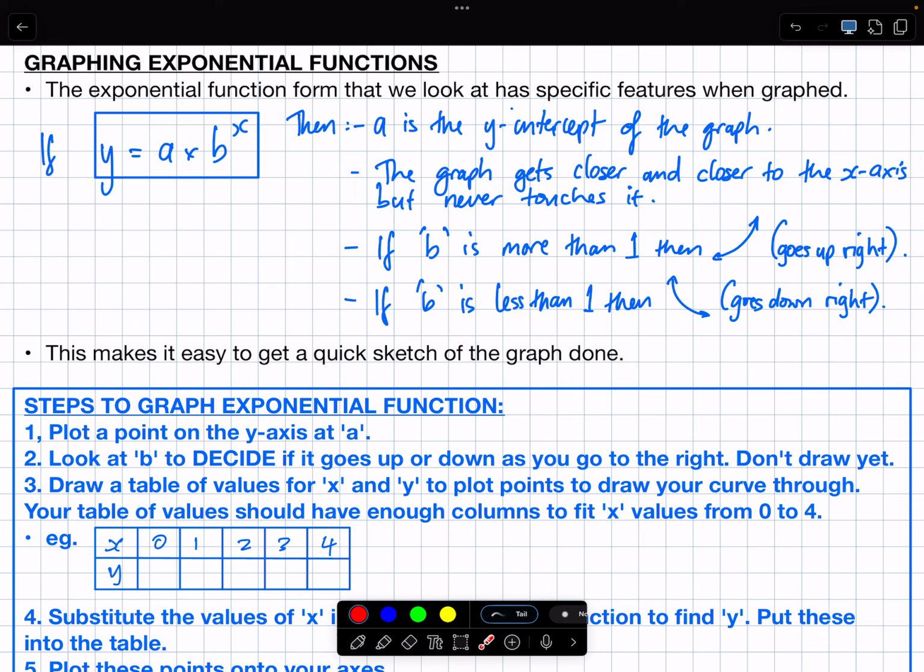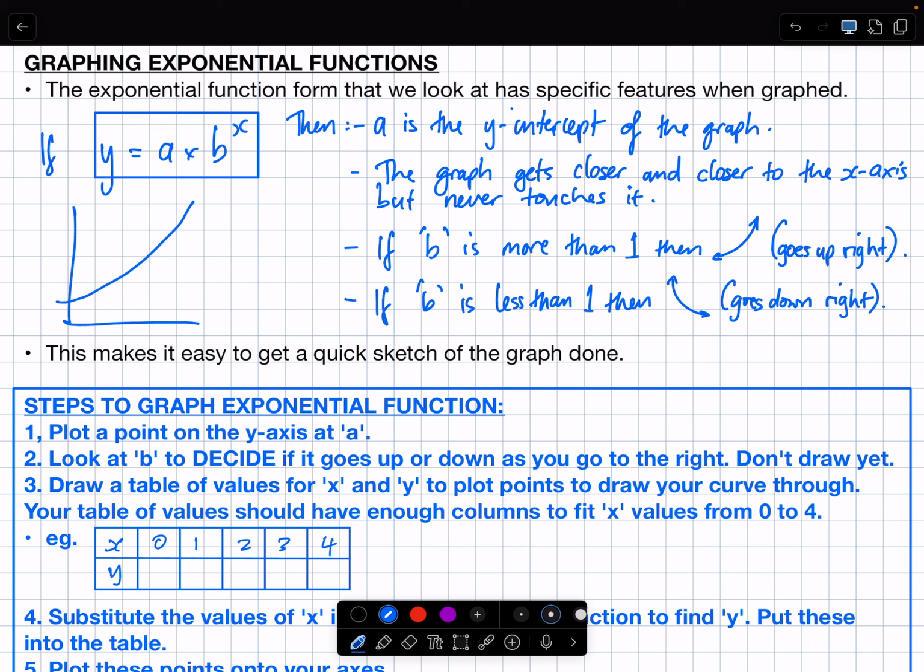So how do I just imagine an exponential function? A is the y-intercept. That's the only definite thing that you can read off straight away. The other thing that we know is exponential graphs always get closer and closer to the x-axis, but they never touch it. So all exponentials, you'll have some that go upwards like this.